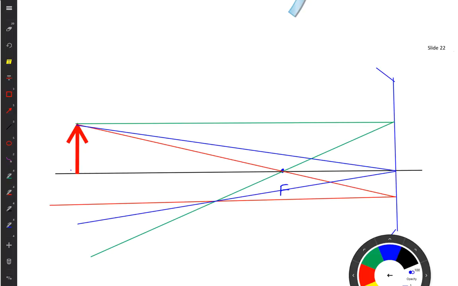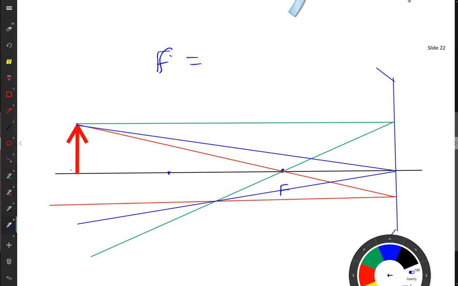If I had measured my focal length, the focal point, it turns out, or the focal length, is 1/2 of the radius of curvature. So the center is just 2 times the focal length away.